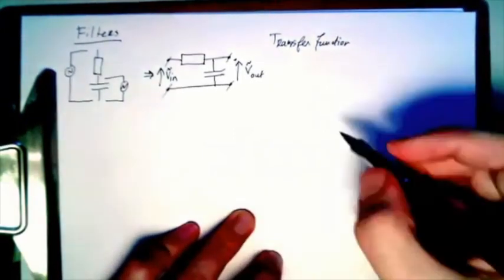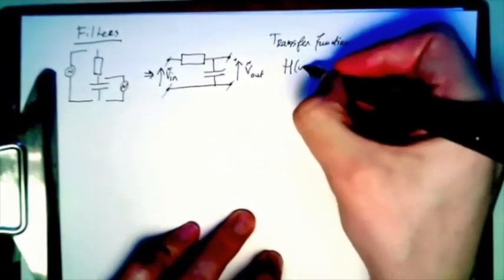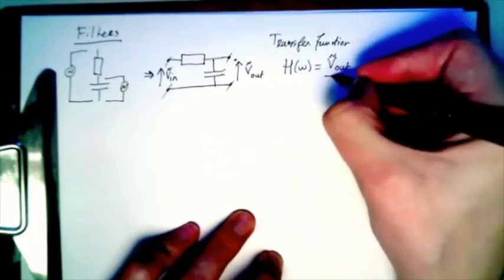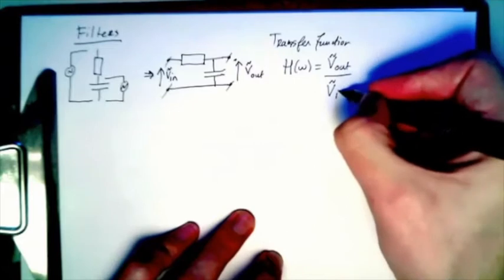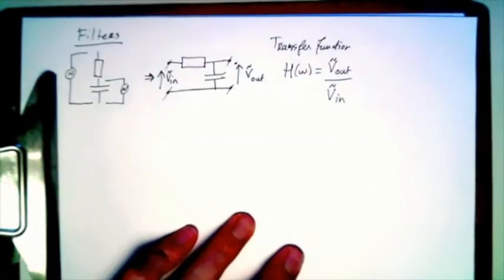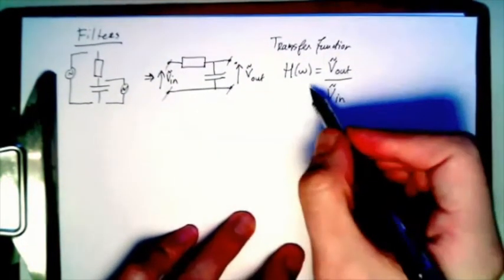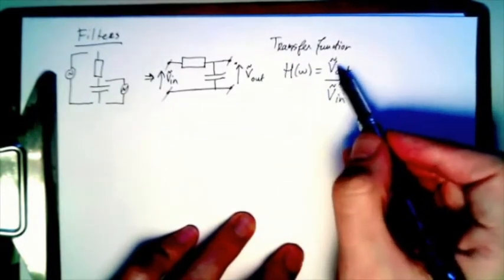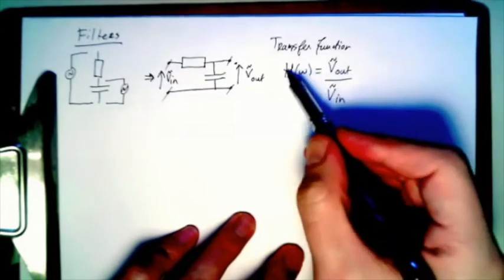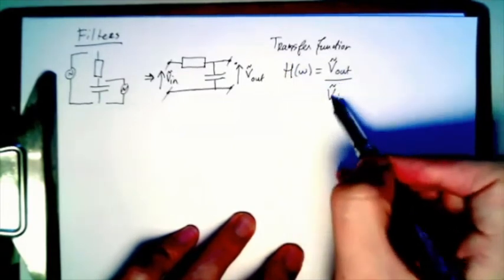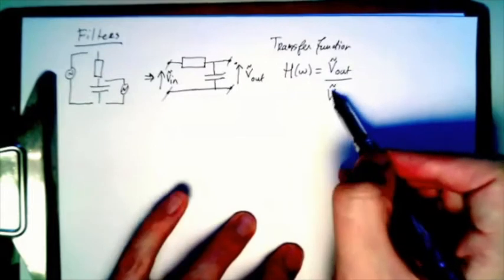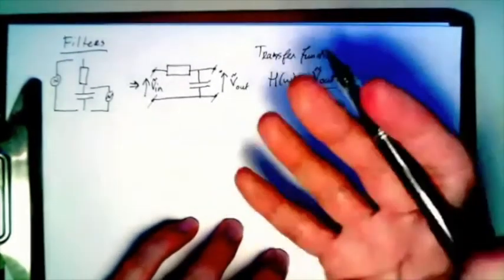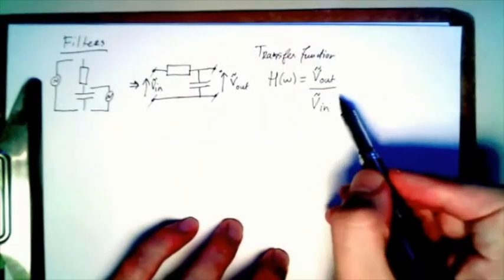Transfer function, and that transfer function is H of omega, and it is by definition the output phasor over the input phasor. And so it's a dimensionless thing, right? Because this one is in volts, this one is in volts too, and the phasor nature is divided out. But this just describes how much of the input comes out on the output.